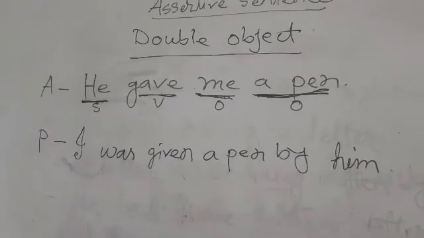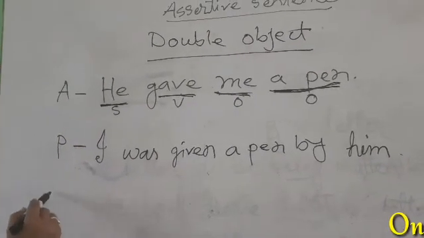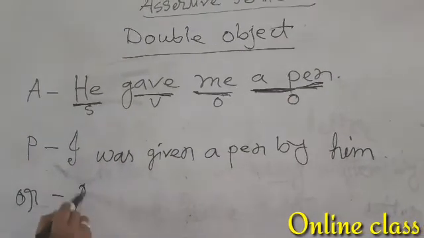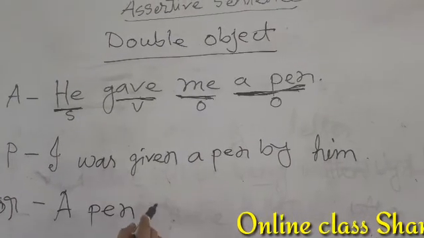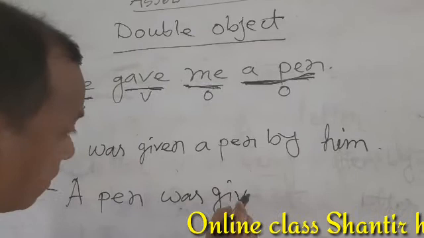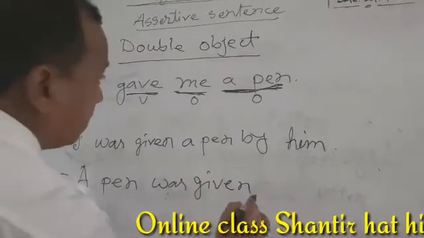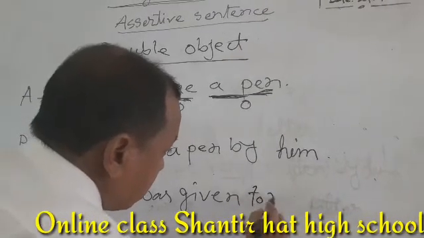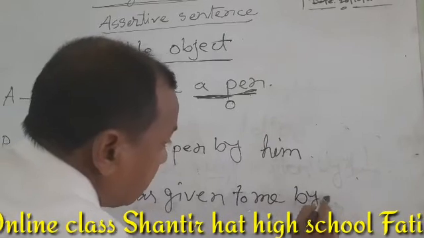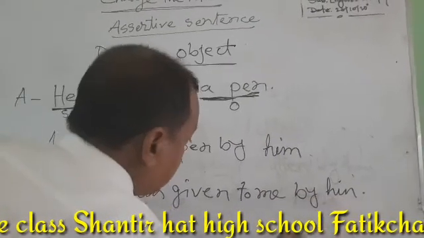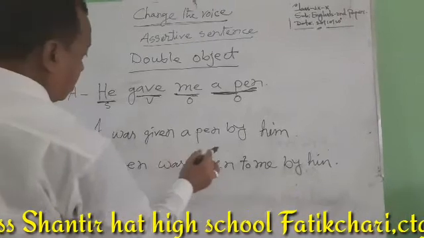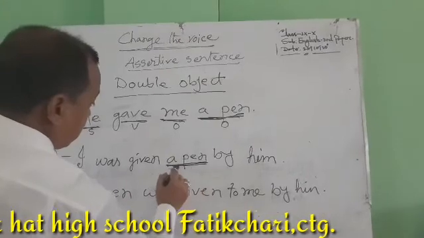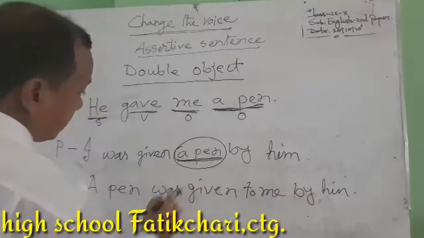Alternatively, a fan was given to me by him. The second object is called the retained object. It remains in the same place.